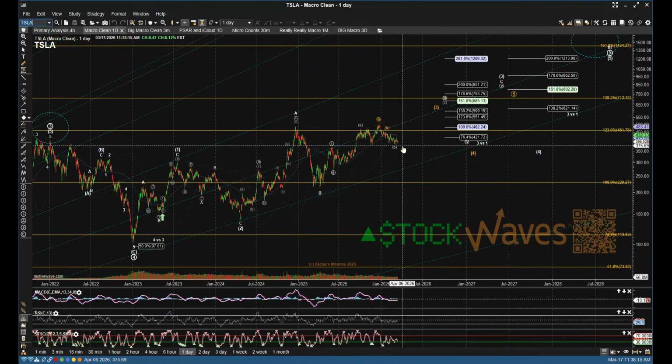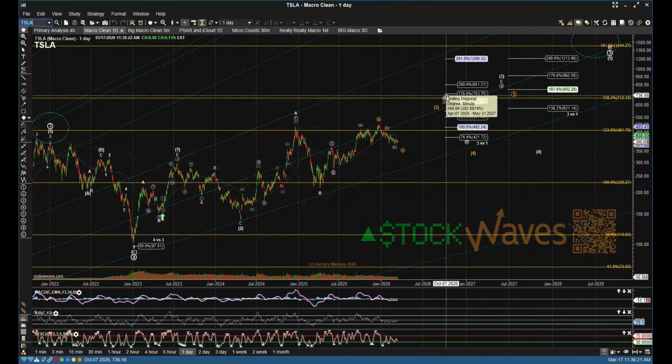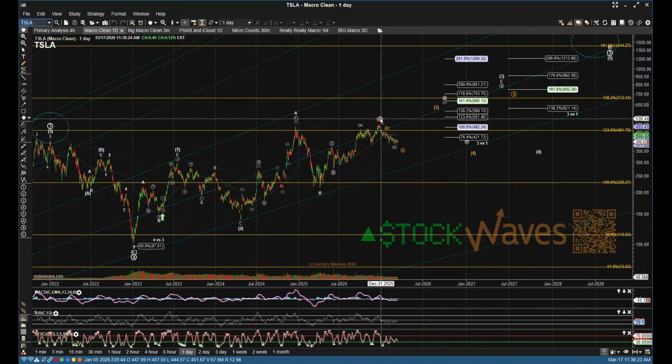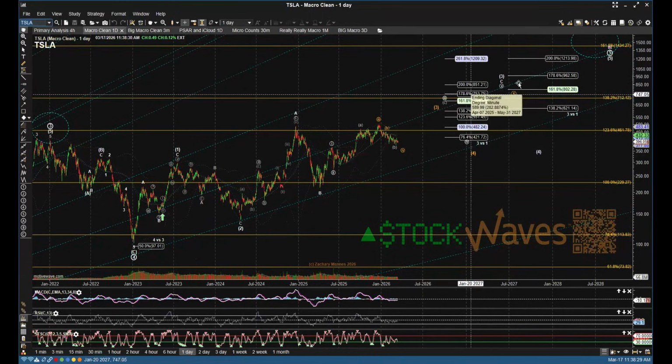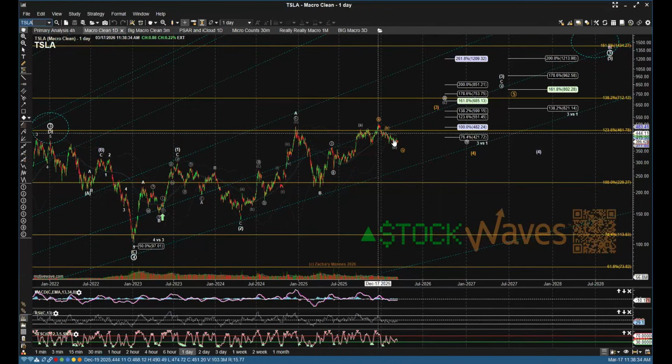Even if we force the alt count here, where we're getting a more muted, more normal version of our circle wave 3 that already topped in orange, which brings the overall targets for our primary wave 5 and our intermediate 3 of 5 a little bit lower, we're still holding really nice corrective consolidation over the last couple months at a pretty high flat consolidation, especially if we're counting that as the A wave and the B wave inside wave 3.